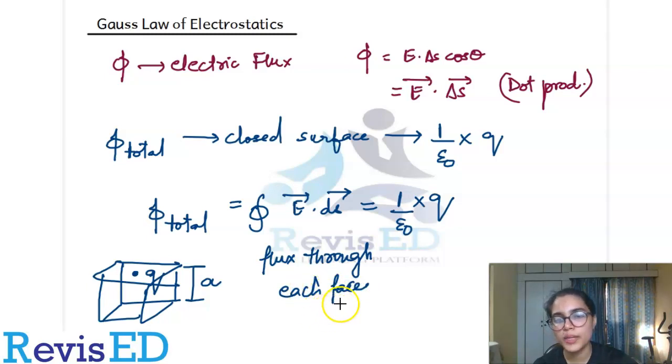Since it has 6 faces, the flux on each surface will be Q upon 6 epsilon naught.